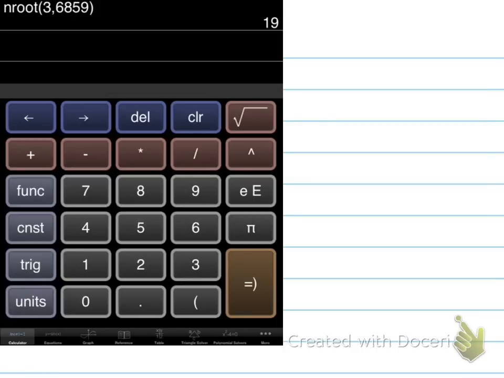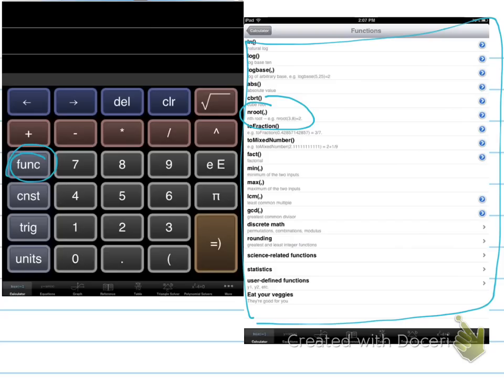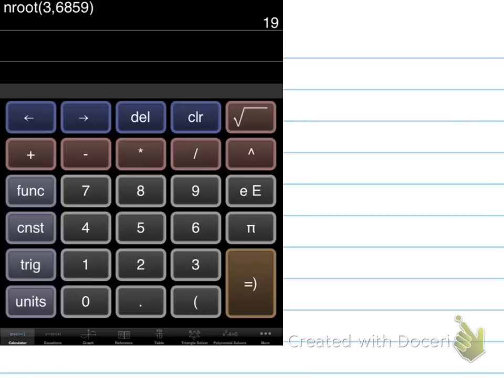Once I choose that, it'll bring me back to this page, and it'll say n root up here. And then in parentheses, I type in a 3 first, because I want the cube root, and then I type in the number that I'm looking for, which was 6,859. Press enter, and it gives me the answer, which is 19.